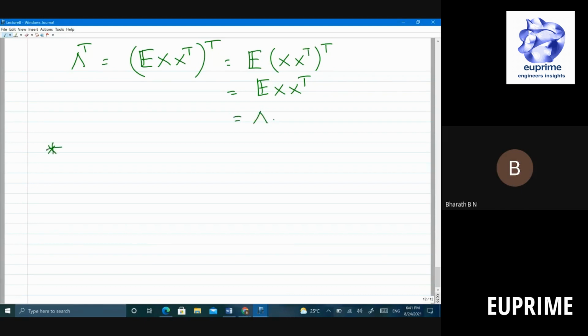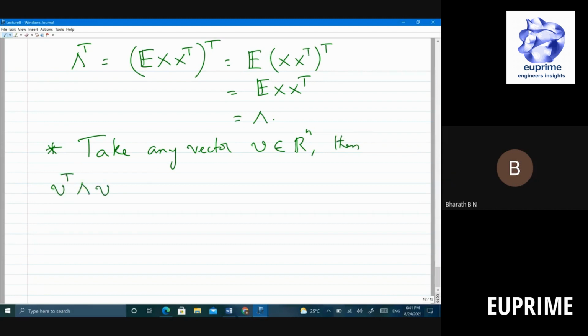What else can you say? Is it positive semi-definite? Why? How do you prove that? Okay, so take any vector v in Rn. Then let's see, v transpose lambda v.